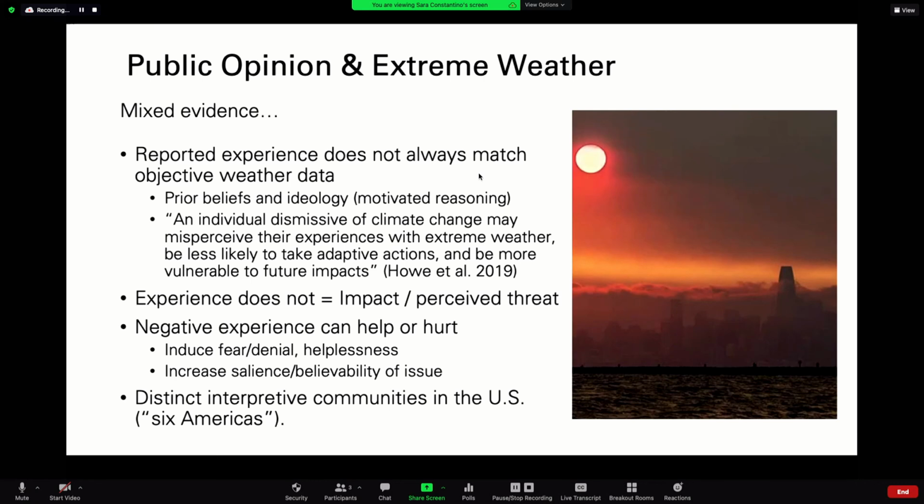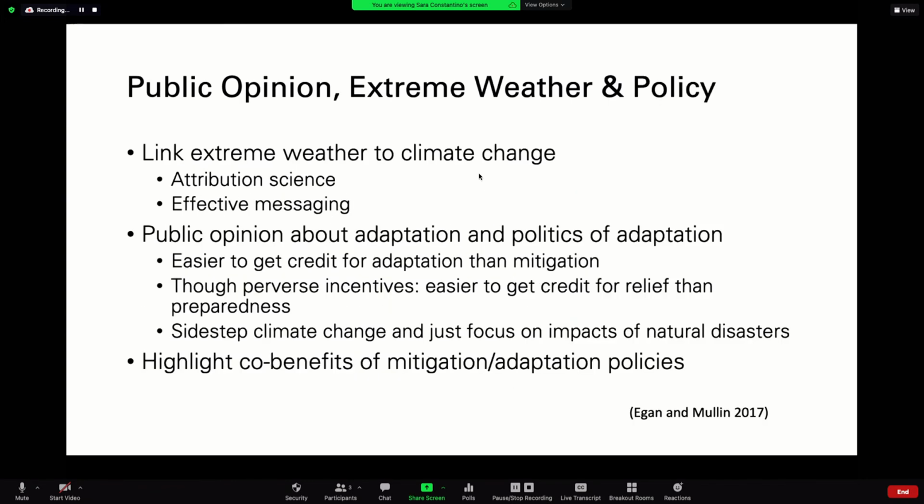Experience doesn't necessarily translate into impact or perceived threat, so you might experience something but not be more worried. And negative experience can also help, and it can hurt. It can increase the salience or believability of these issues, but it can also create fear or denial or feelings of helplessness around these issues. We'll skip that part. Okay.